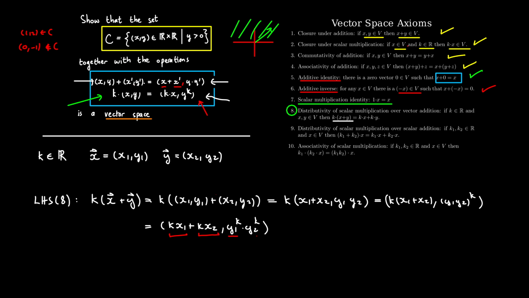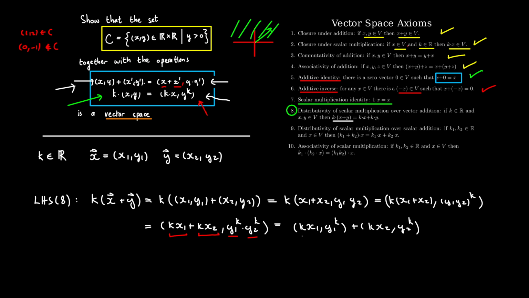This was here the y, and this was the y prime. Then I'm sure you can see that this will just be exactly equal to k x1, y1 to the power of k, plus, using this law here, just rewriting this expression, plus k x2, and here I get y2 to the power of k.